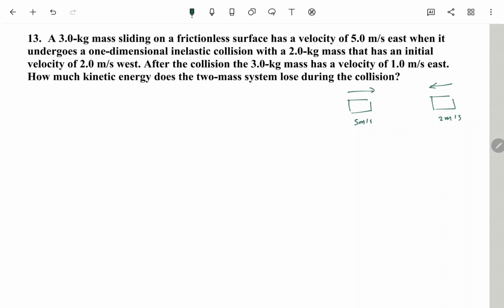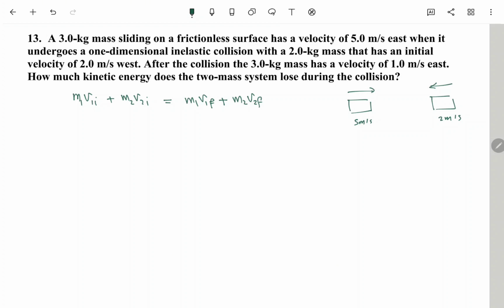In this case, momentum is conserved, so m1 v1 initial plus m2 v2 initial equals m1 v1 final plus m2 v2 final.